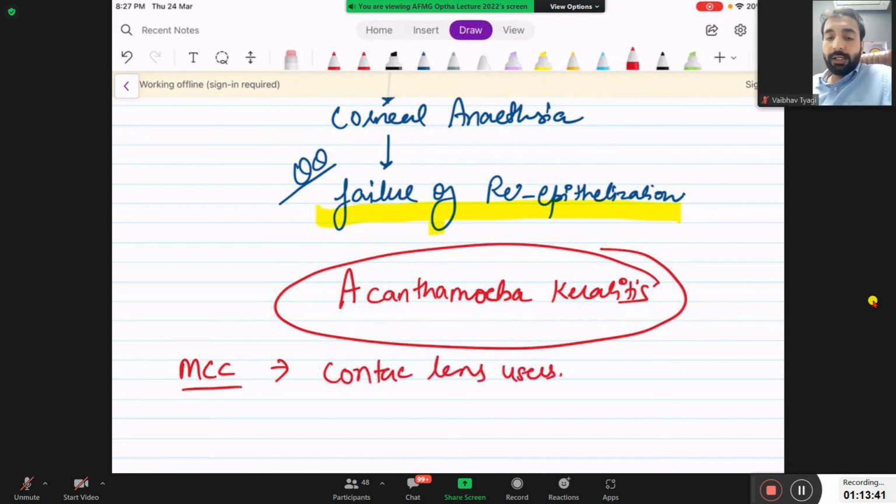Most of you must be using contact lenses. What is the problem in contact lenses? What is the source of infection in contact lenses?